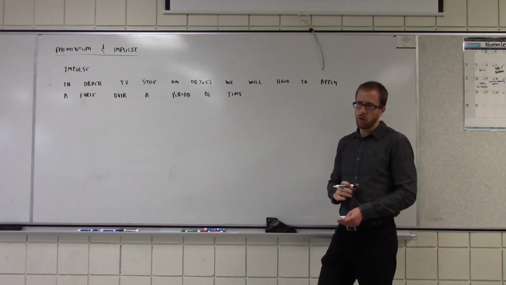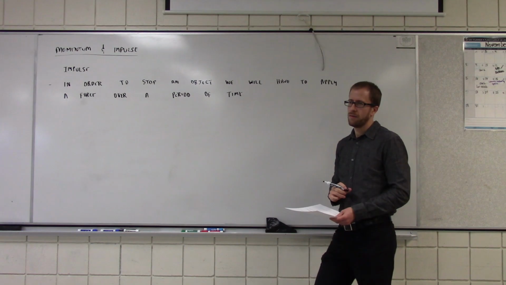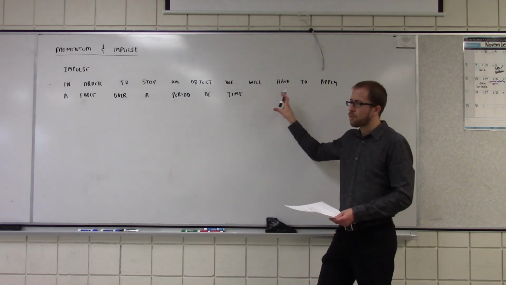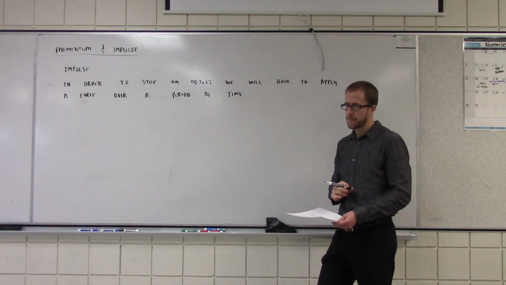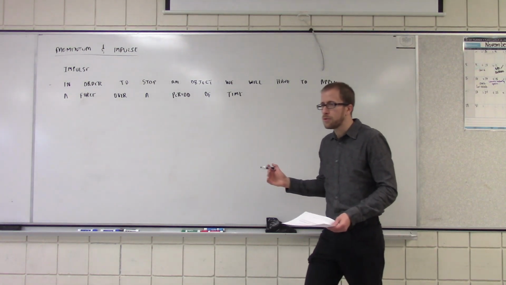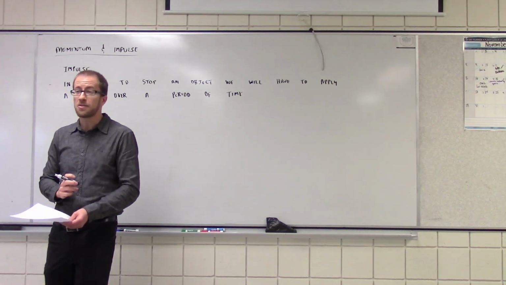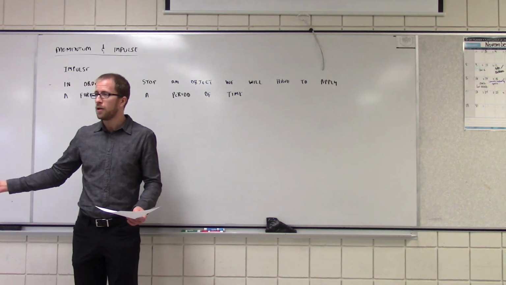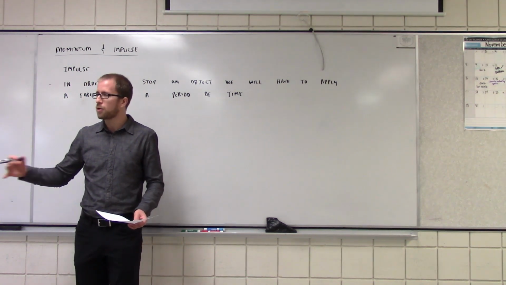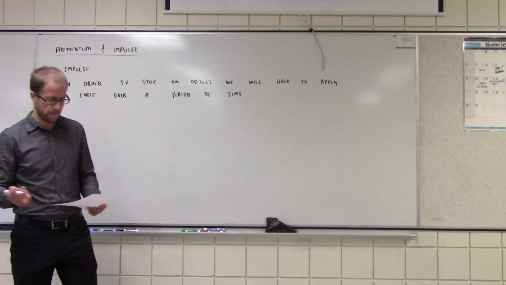Do you think an object with more momentum will take more force over time to stop? Yes. Intuitively you know that, right? Like a car traveling 10 kilometers an hour is a lot easier to stop than a car traveling 100 kilometers an hour. At 100 kilometers an hour, you have a lot more momentum.